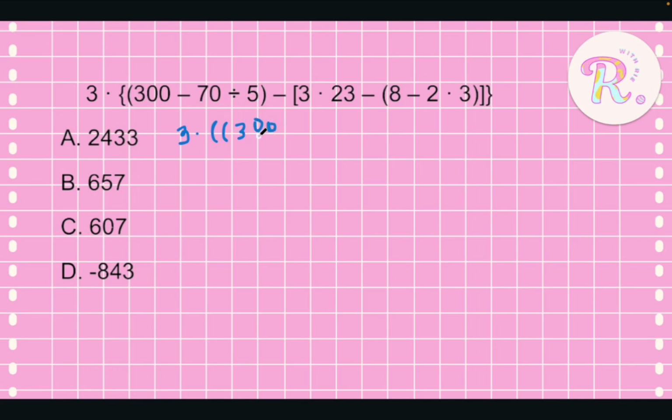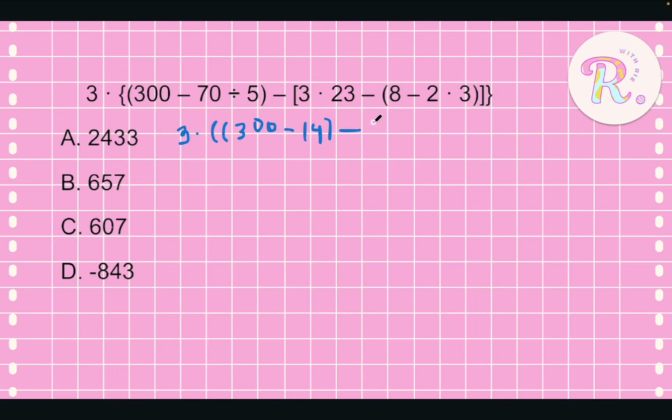Okay? So I'm not gonna go ahead and copy that down. I'm gonna solve this right away now already. Okay? So as not to waste any time. 70 divided by 5, that is your 14. Okay? So this is how I usually answer, from left to right, following the rules now already, so that I don't have to copy everything over and over until I simplified everything.